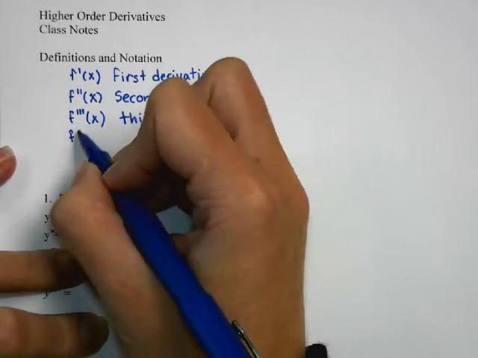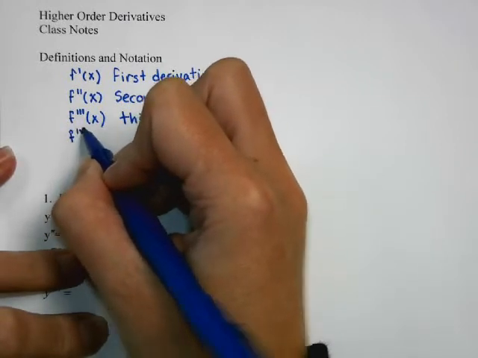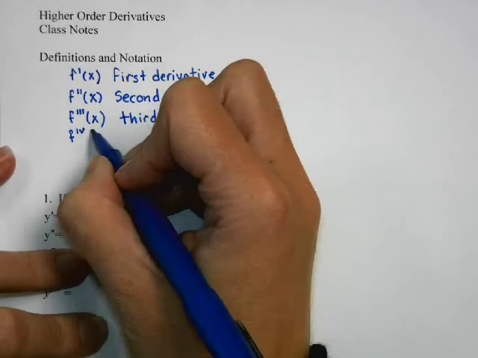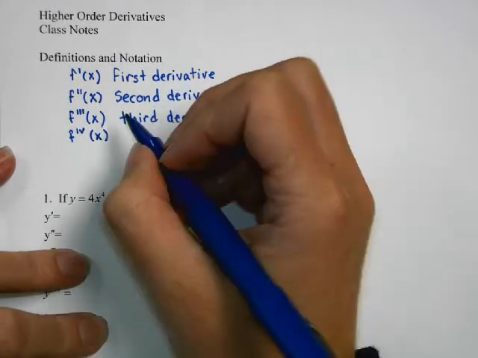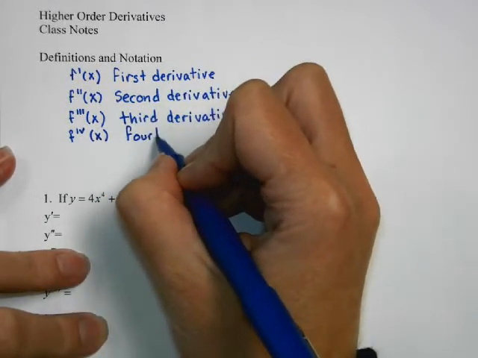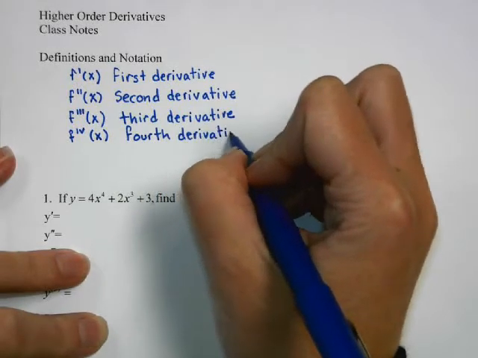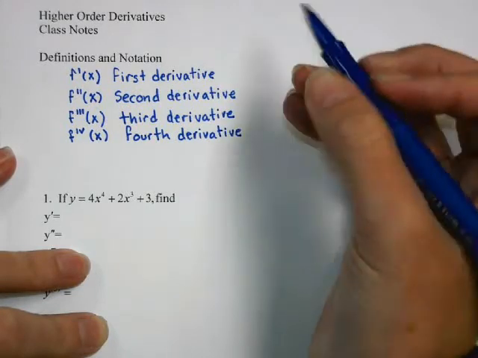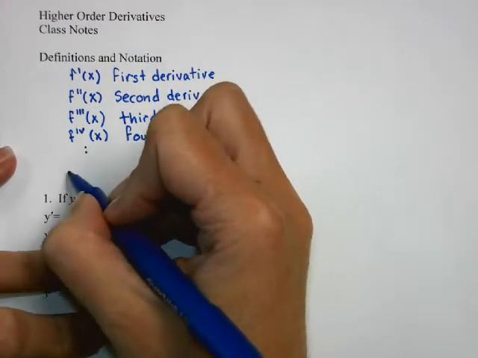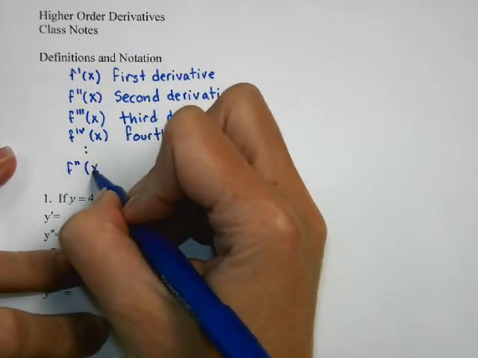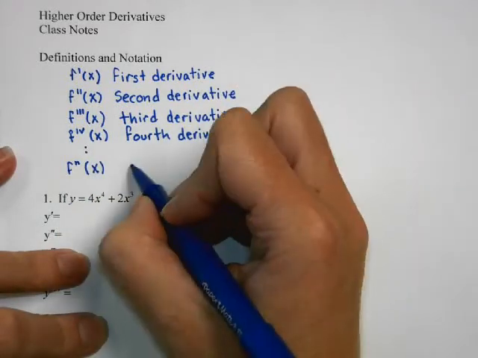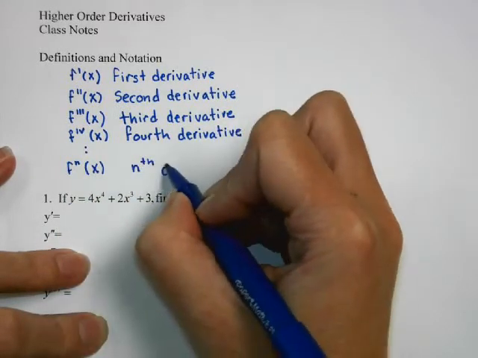And then rather than doing 4 dashes, we're going to start doing Roman numerals. So the fourth derivative is going to be that. Okay, and then this is going to continue. This would be considered the nth derivative.